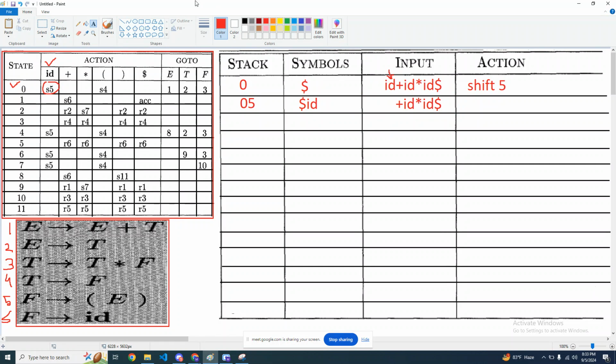Because this id is shifted here, and also the state is shifted on top of the stack as well.